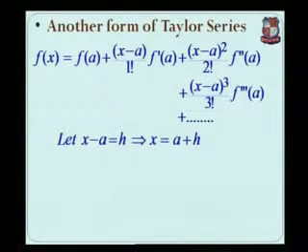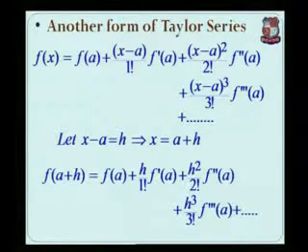So in the left side f of x is given, so now it is f of a plus h, first term f of a as it is, plus h upon 1 factorial f dash a plus h square by 2 factorial f double dash a plus h cube by 3 factorial f triple dash a and so on.